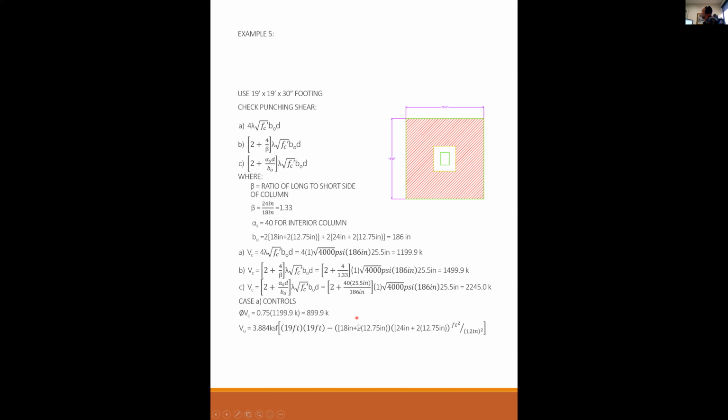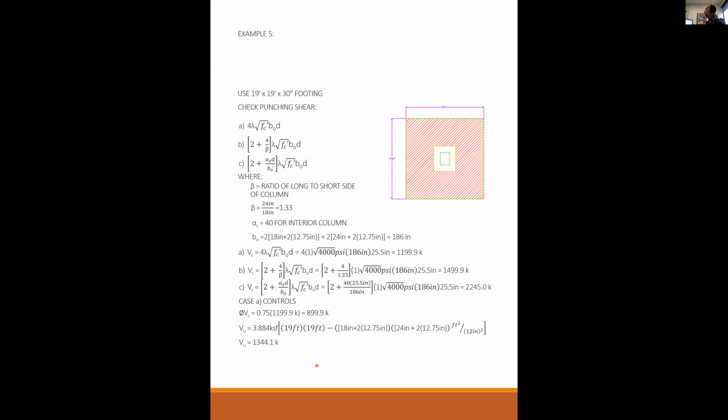So there's my 18 plus 2 d over 2 times 24 plus 2 times d over 2. So basically the area of the whole footing minus the area of this hole. And that gives me a demand. Oh man, I got a demand of 1,344.1 kips.